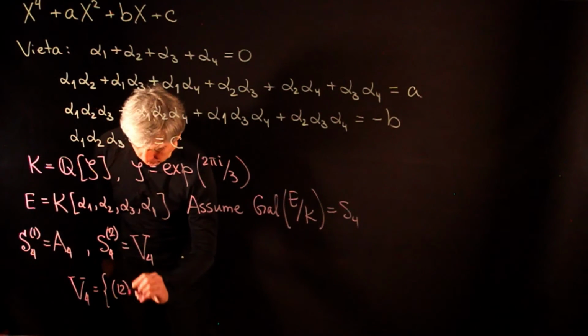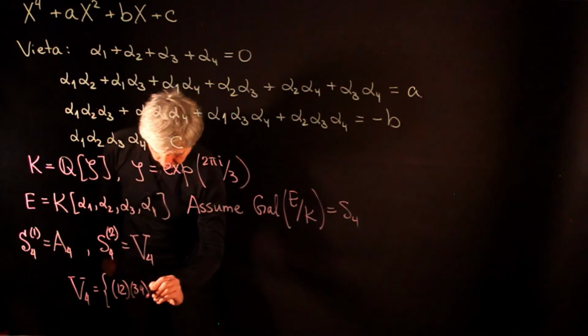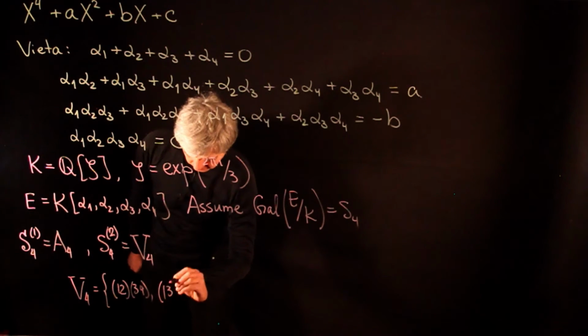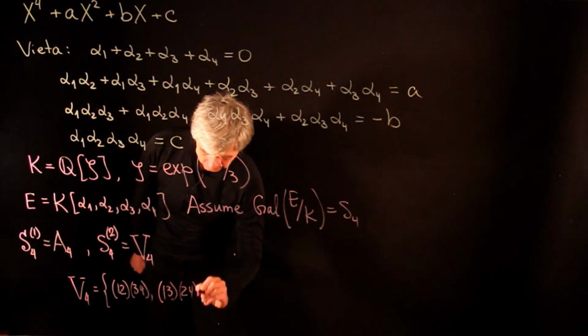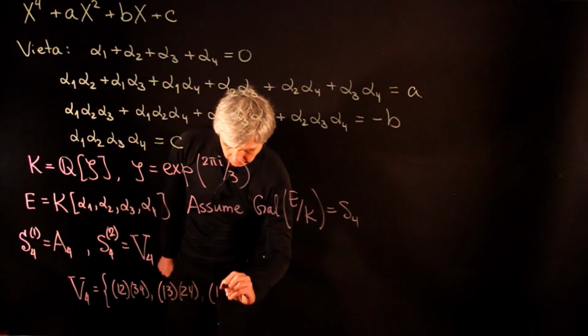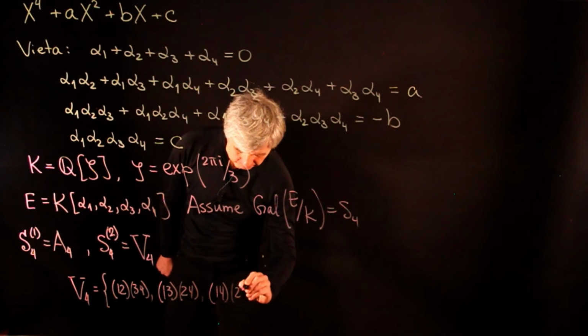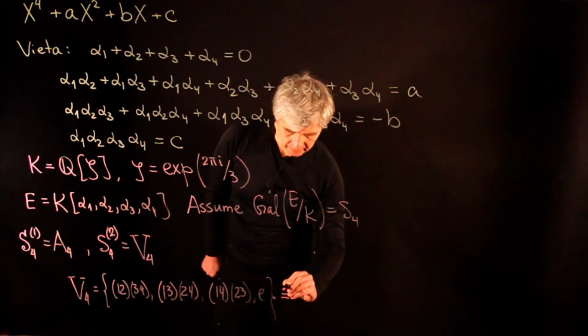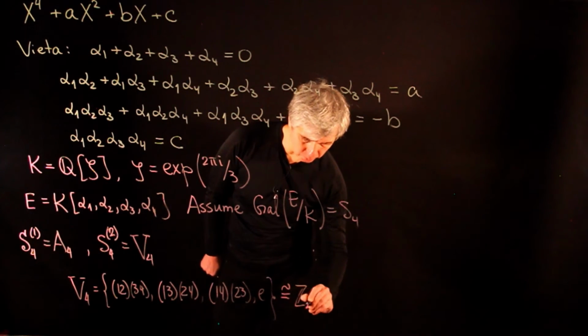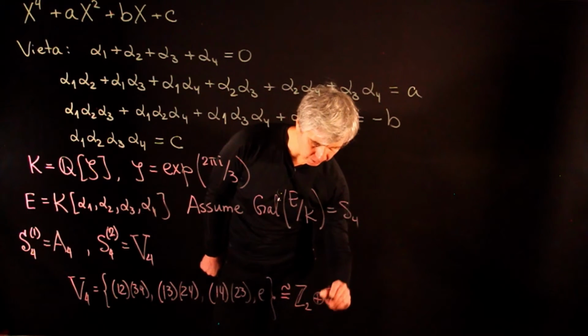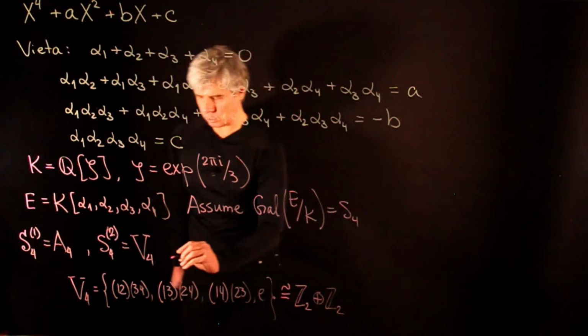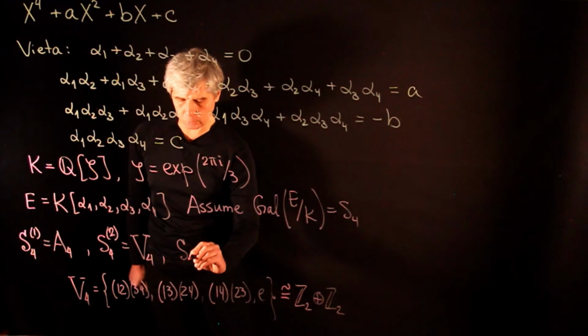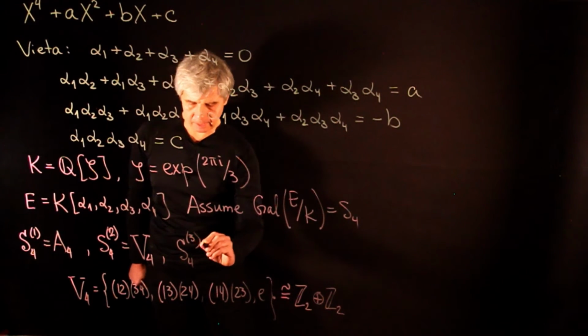It's (1 2)(3 4), (1 3)(2 4), (1 4)(2 3), and the identity. This group is isomorphic to Z2 plus Z2, and it is abelian. So this means that the third commutator subgroup of S4 is identity.